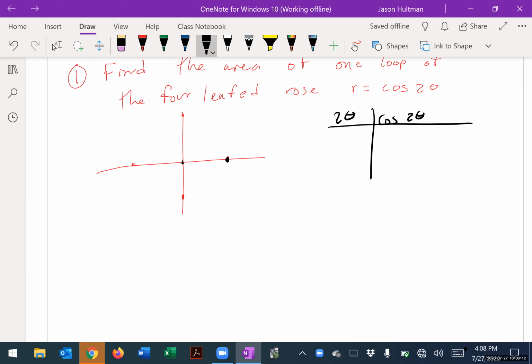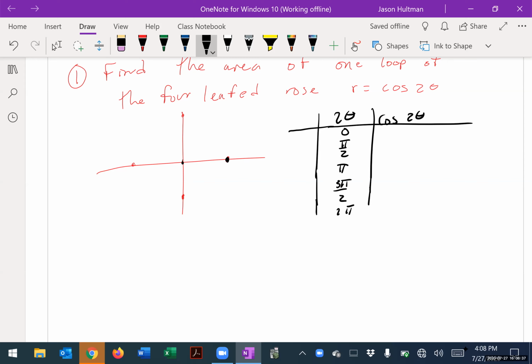So what thetas are going to be nice when I plug into cosine? Well, that's going to be like 0, pi over 2, pi, 3 pi over 2, right? And so on and so forth. Okay, maybe 2 pi, right?